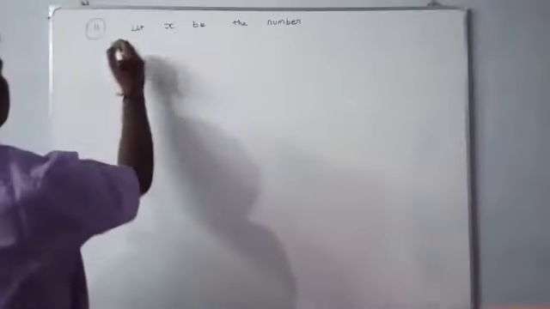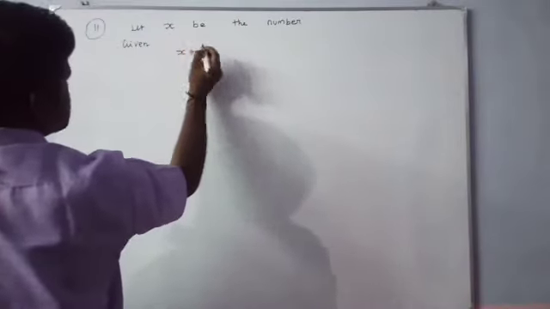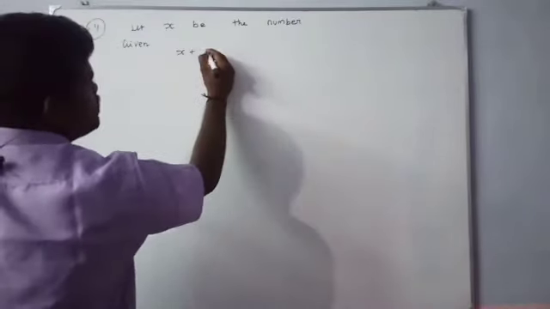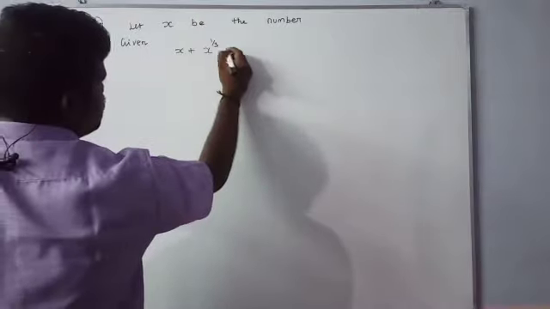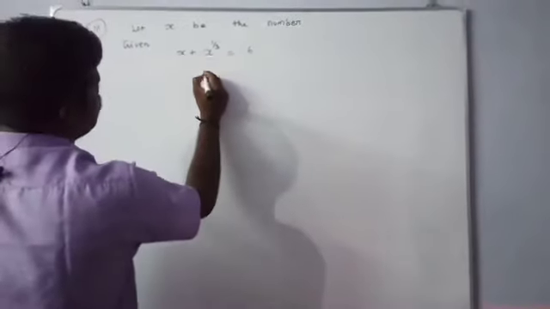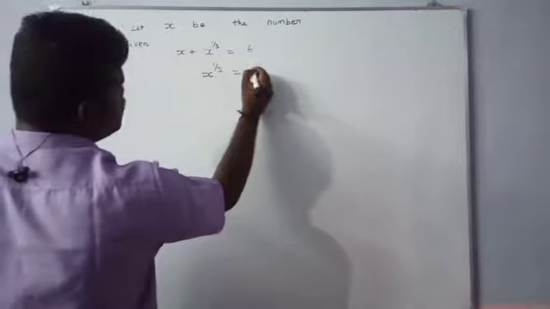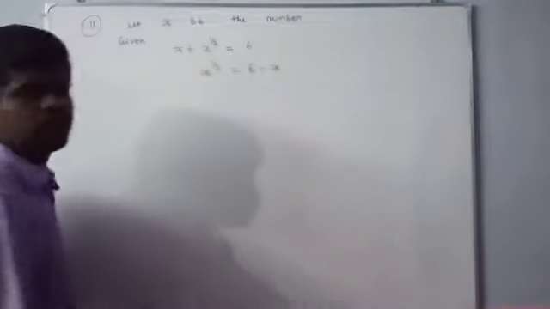From the given data, what is given? X plus the cube root of this number, x power 1 by 3, is added to it, and the result is 6. Now x power 1 by 3 is equal to 6 minus x.